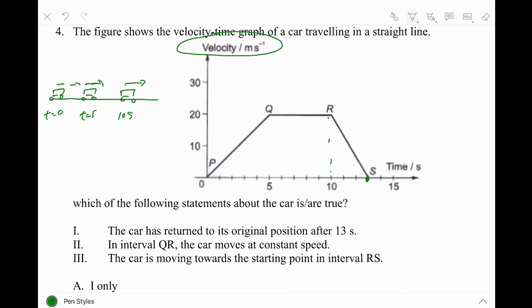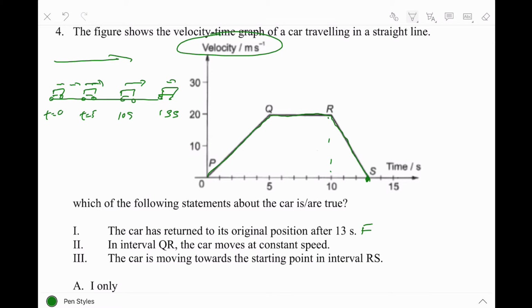Remember, overall, the whole journey, the velocity is positive. So at about 30 seconds, it stopped. So it always goes to the right-hand side. So it never returned back to the original position, all right? So therefore, this is false.